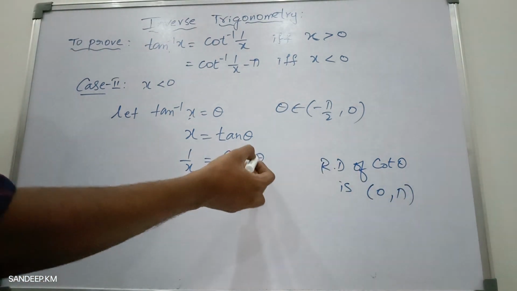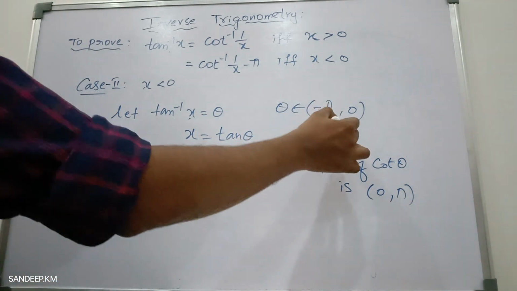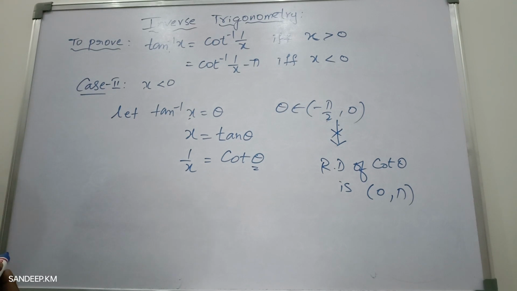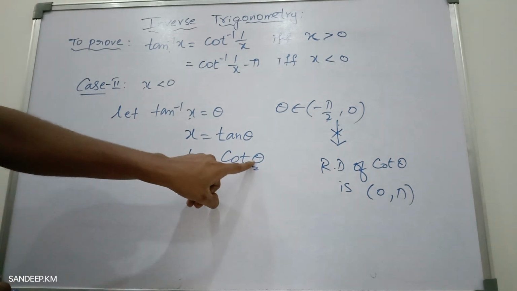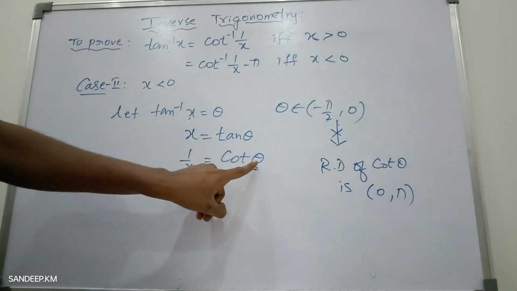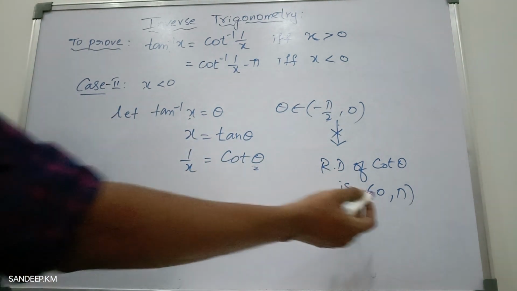But observe that theta is between minus 90 and 0. This is not in the restricted domain of cot theta.